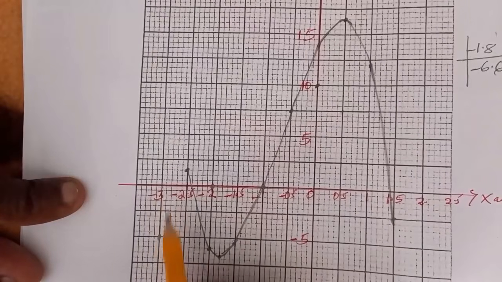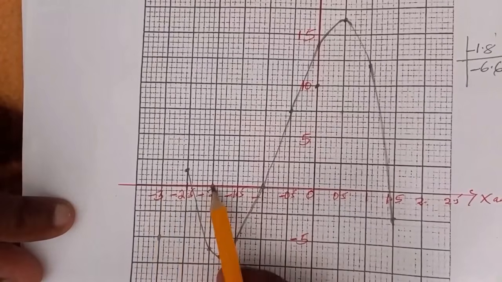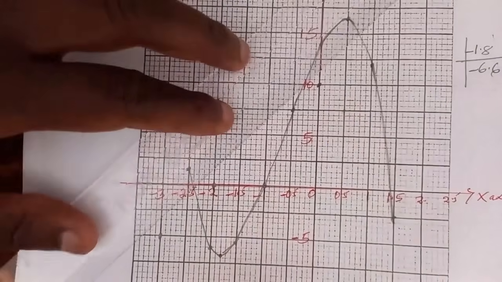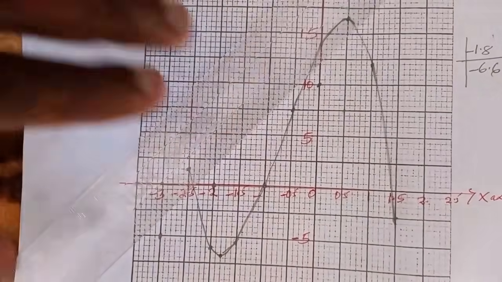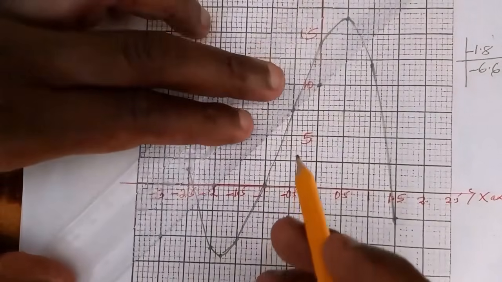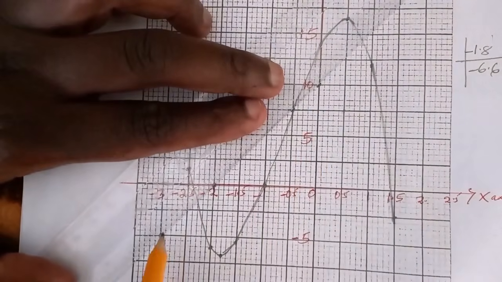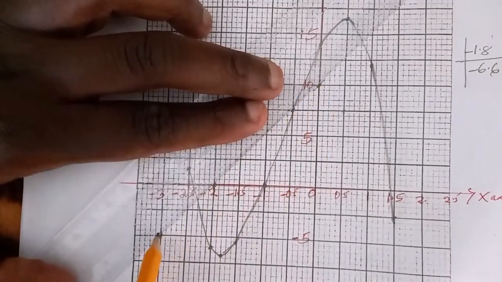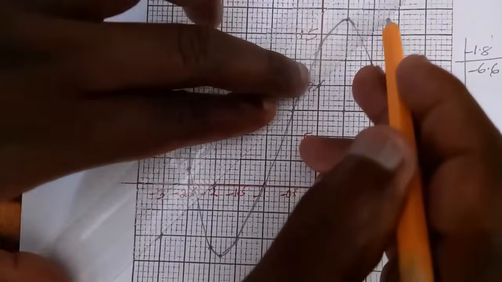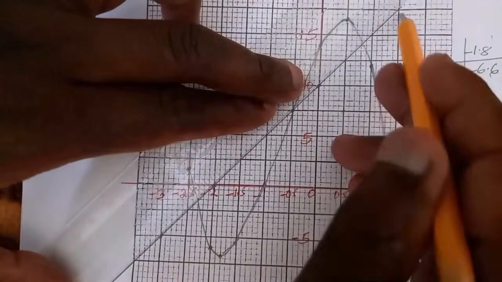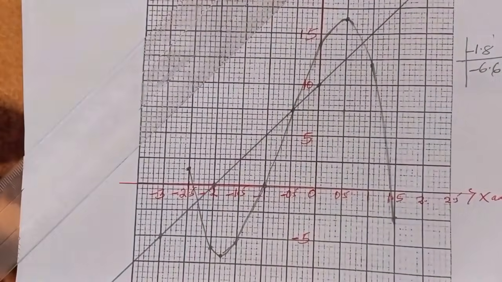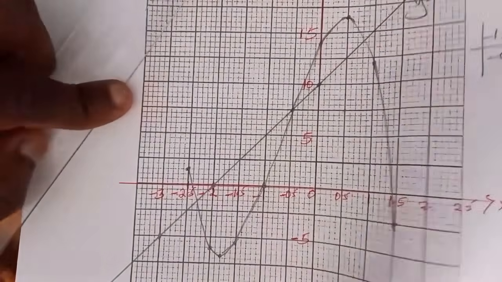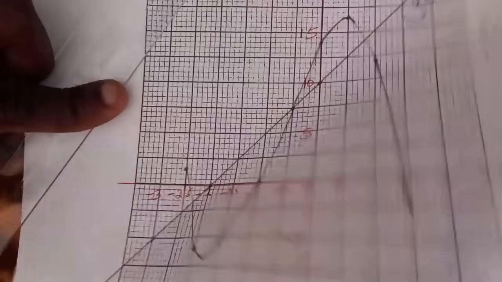So these are the points. Join those points using a straight line. So that is the line y is equal to 10 plus 5x.